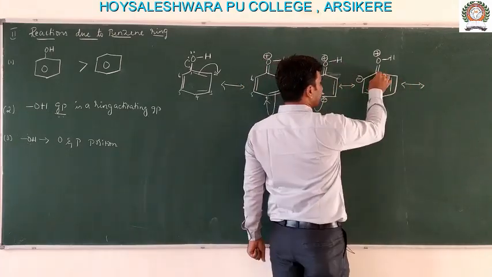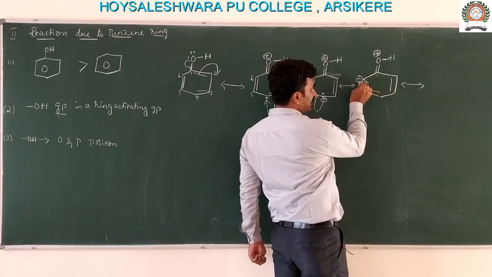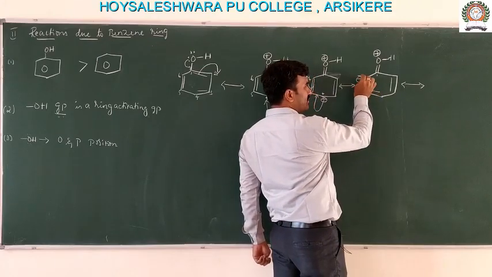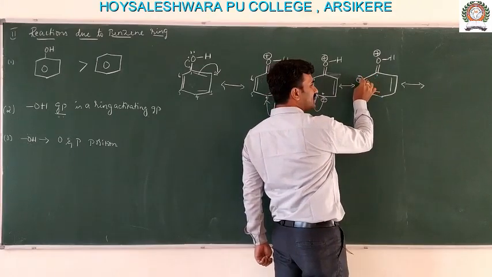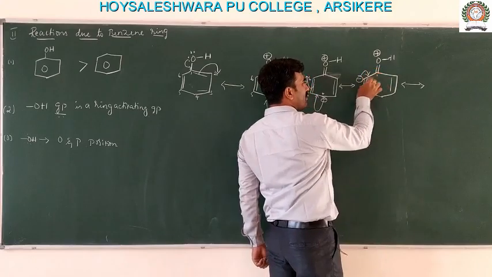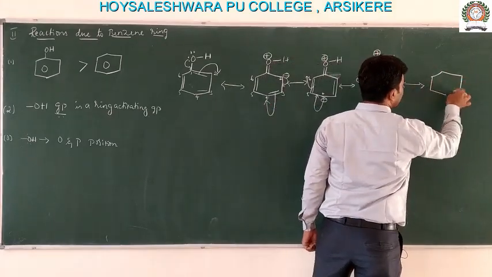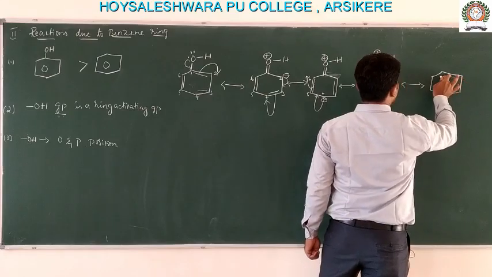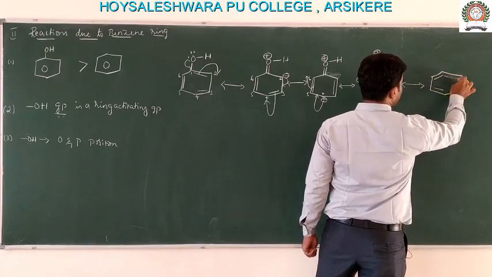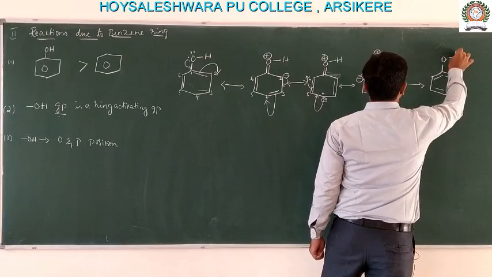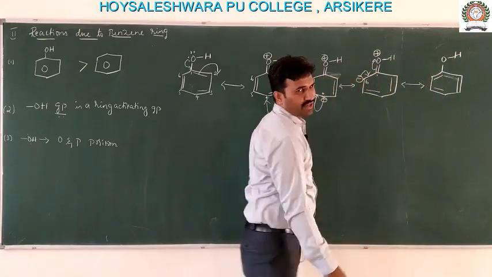And later, this is 1 and this is 6, the pair of electrons present on the sixth carbon atom moves to 1 and 6. So what we will get is phenol.